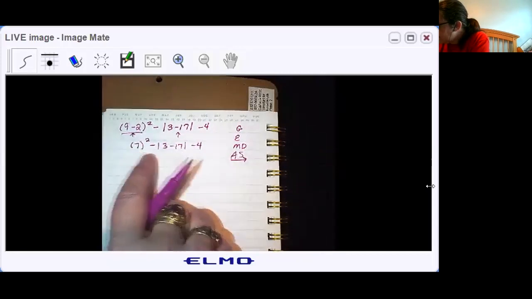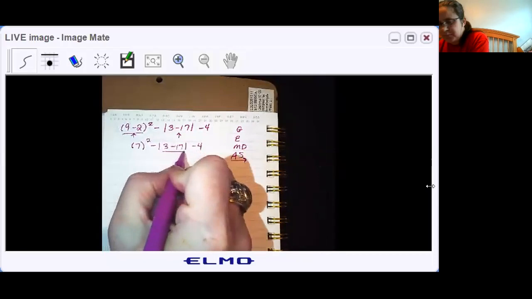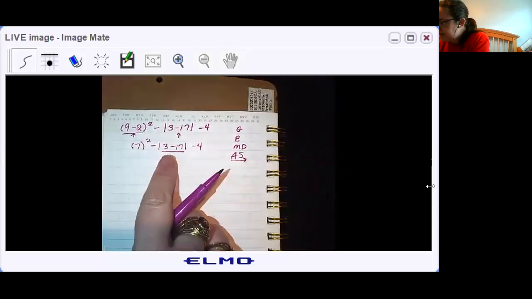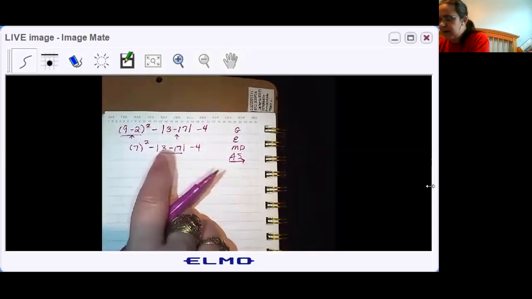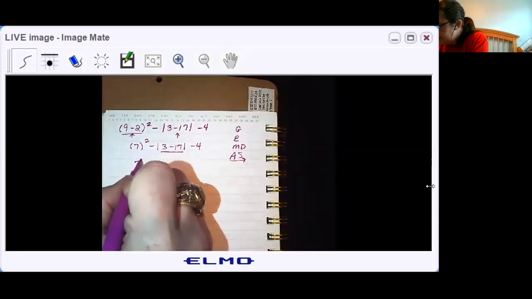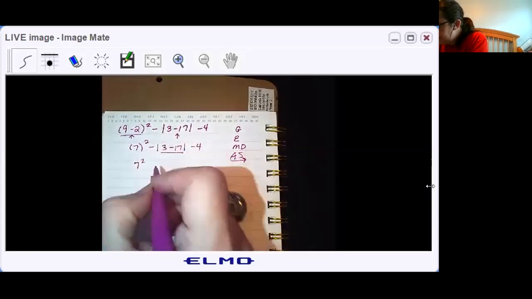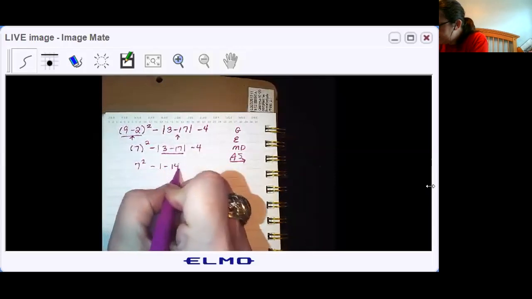So have I cleared out my groupings? Right here, I still have a grouping. If I didn't have the absolute values around it, I'd just be doing 3 minus 17. What is 3 minus 17? 3 minus 17 is negative 14.